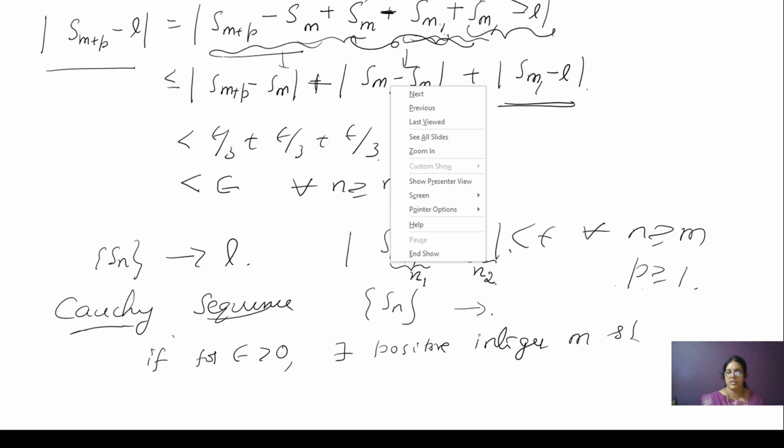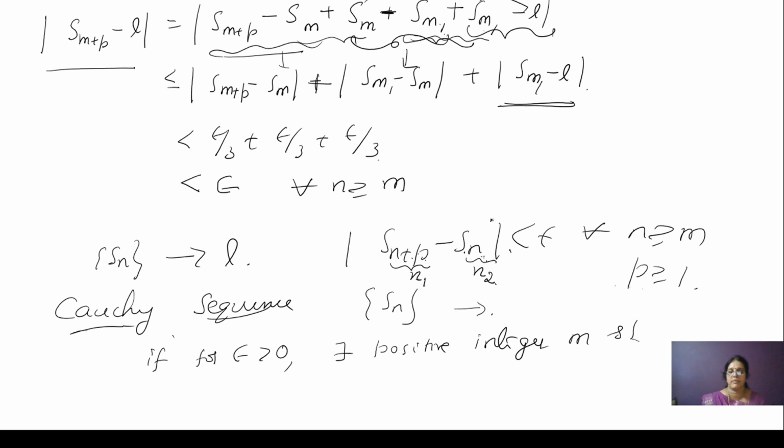So this condition, whatever we proved in the theorem, is nothing but the definition of a Cauchy sequence. So we can also write the Cauchy sequence definition like this: modulus of Sn1 minus Sn2 is less than epsilon for both n1 and n2 greater than or equal to m.